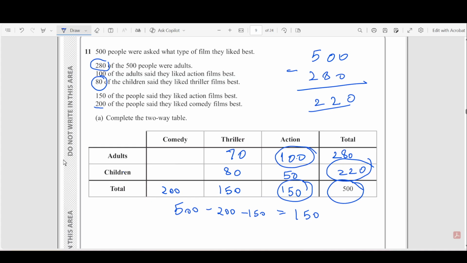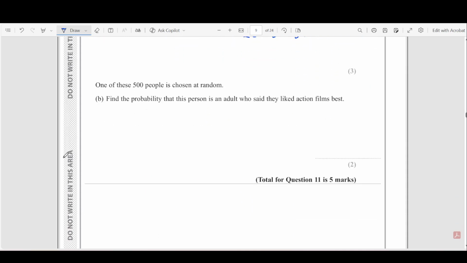If we subtract 80 and 50 from 220, we will get 90. I just subtracted these two from the total, and that's how I got 90. Now if I subtract 90 from 200, I get 110, and that's for adults. So this is what we have. That's how we can do it. Okay, great.